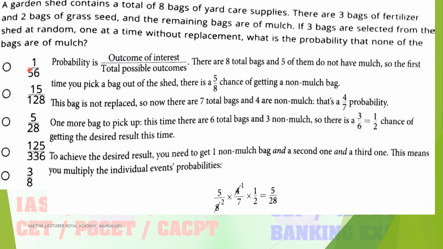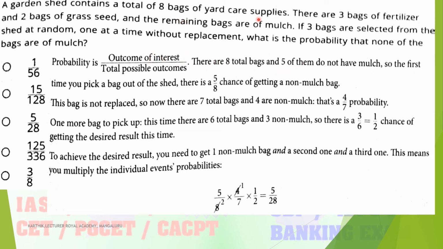How to determine? A garden shed contains a total of 8 bags, so the total possible outcome is 8. What is the outcome of interest? There are 3 bags of fertilizer and 2 bags of grass seed, so 3 plus 2, total 5 bags, so 5 divided by 8.